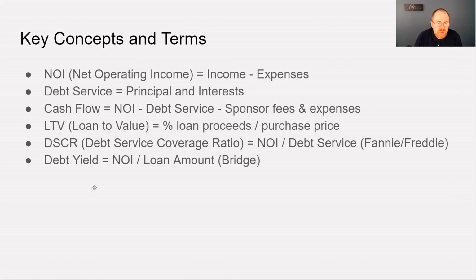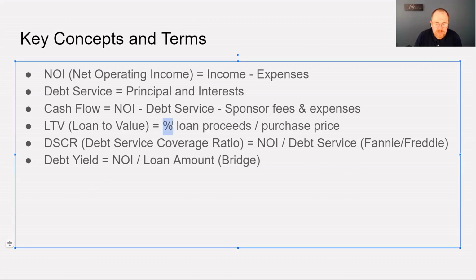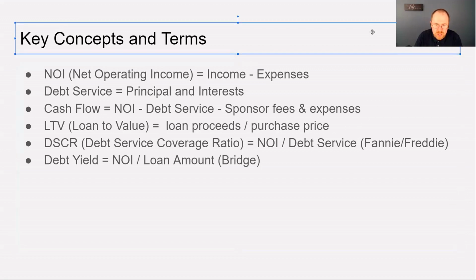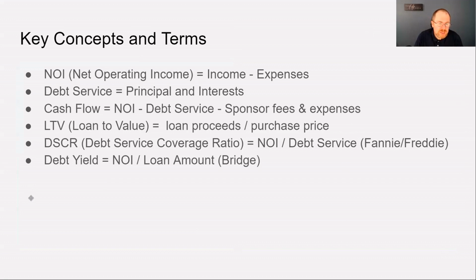The next important definition is the loan to value. It's the loan proceeds divided by the purchase price, as a percentage. Next, we have the DSCR, the debt service coverage ratio, which is an important factor used particularly by agency lenders to size a loan. We'll talk a little more about that in a second.